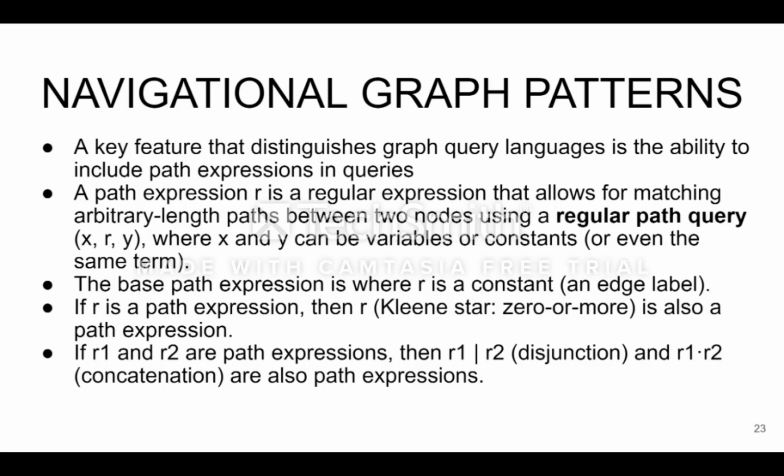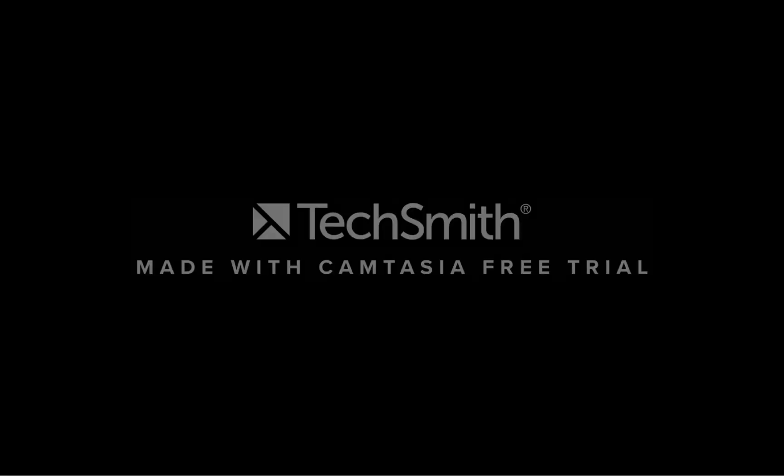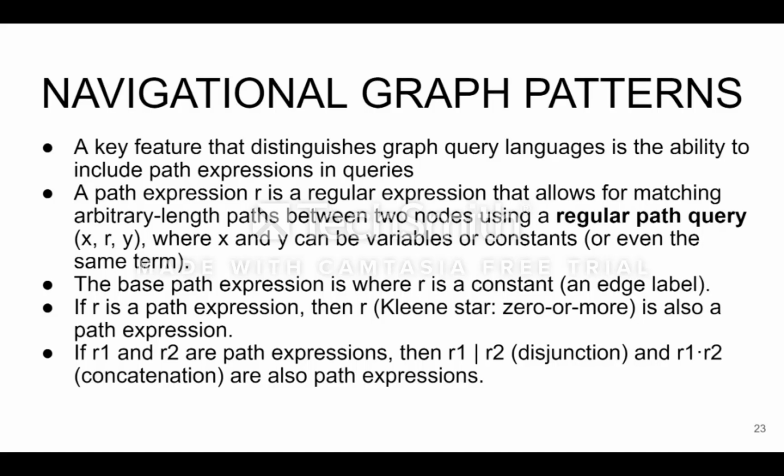The base path expression is where R is a constant, an edge label. Furthermore, if R is a path expression, then R* (Kleene star, zero or more) is also a path expression.